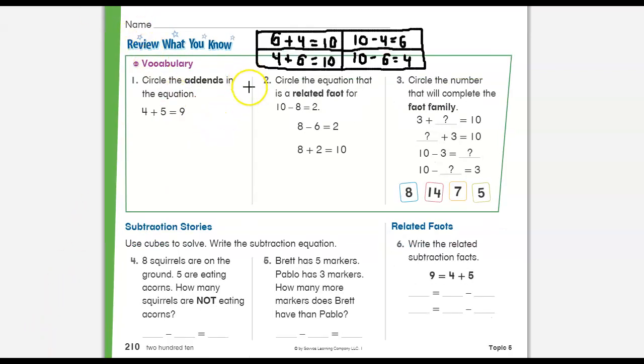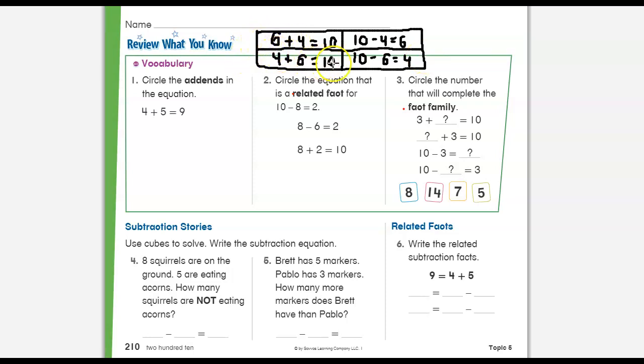On number 2 and 3, we are going to be talking about fact families and also related facts. At the top of the page, I made this quick little chart because I wanted to go over what fact families and related facts are.